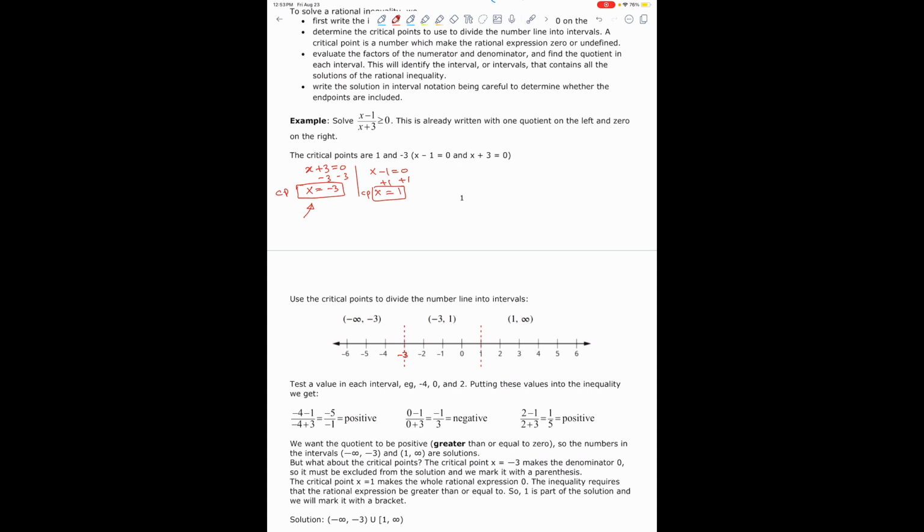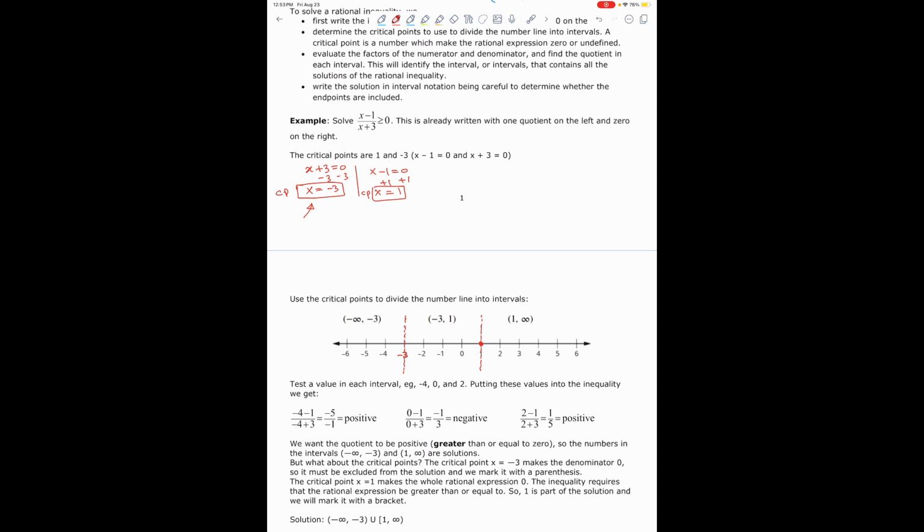So anything that comes from the denominator is excluded from our solutions. It has to be open. So that's why we put a dashed line here. And then the other critical point, which comes from the numerator, is the 1, and the 1 is included.